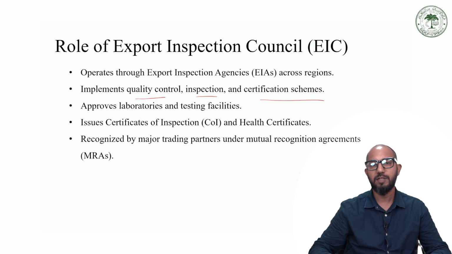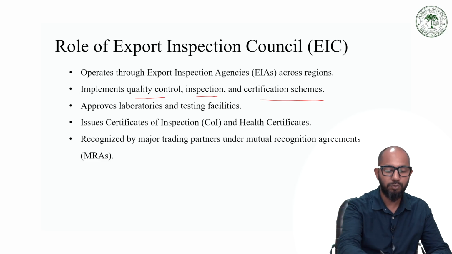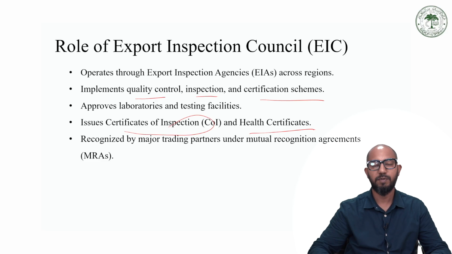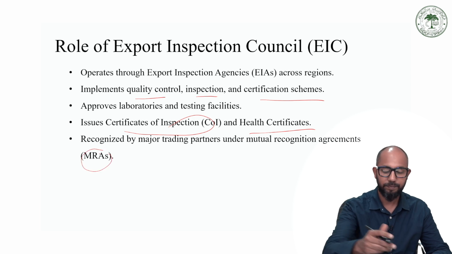The export inspection councils also issue certificates of inspection and health certificates from time to time and as and when required. These are also recognized by major trading partners under mutual recognition agreements, that is MRAs.